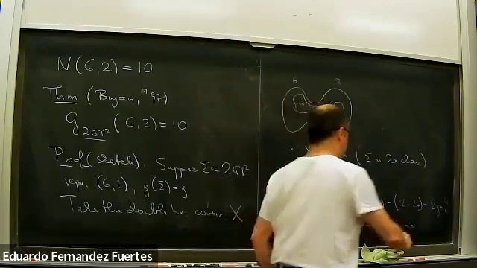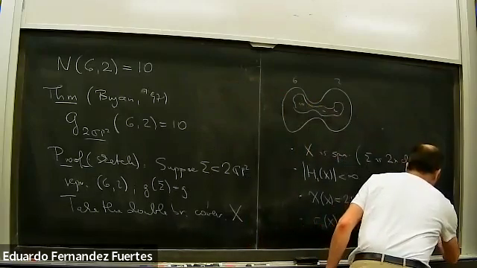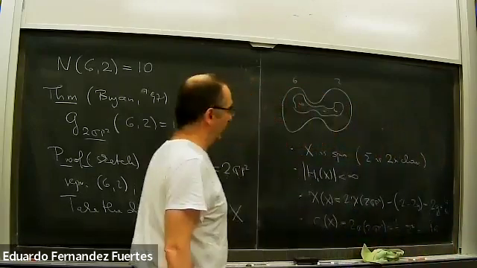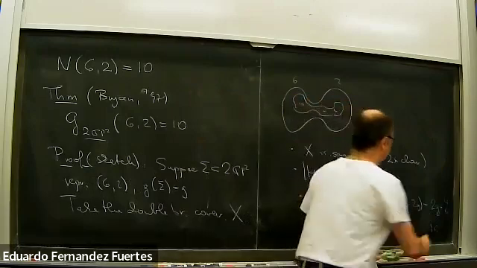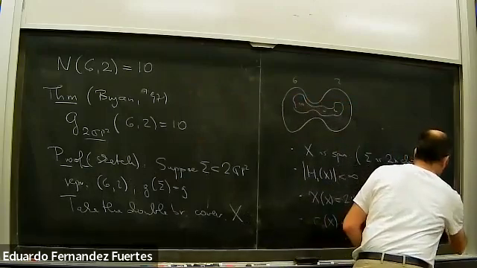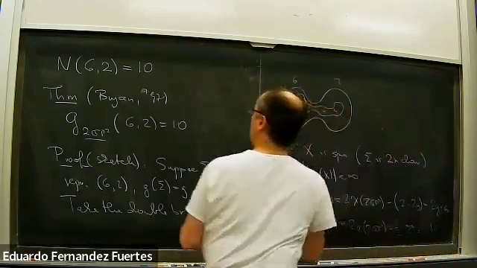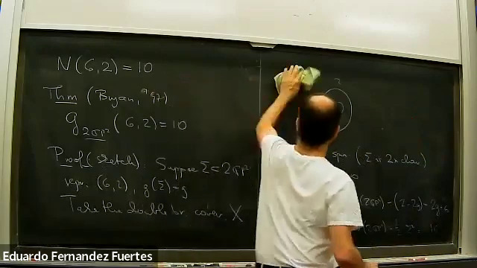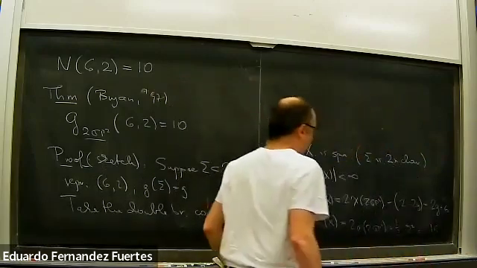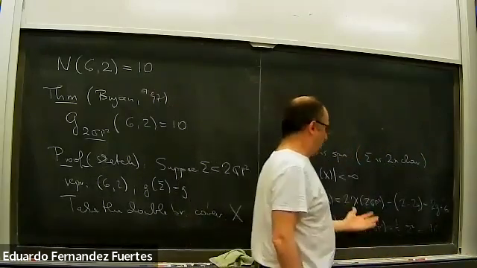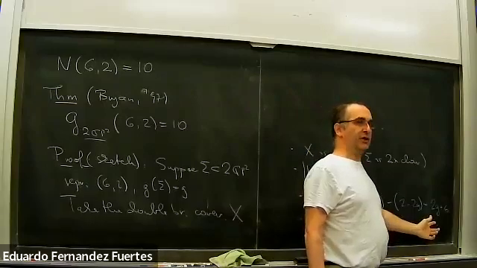In this case, that's just minus 16. So this already gives, I think, 6. And so maybe I erase that. We will get sharper and sharper estimates for g.